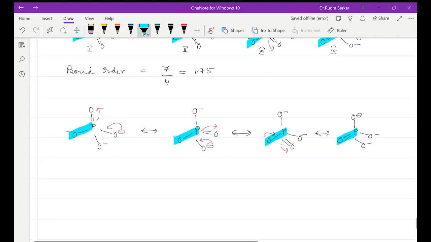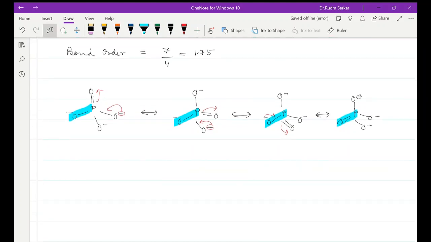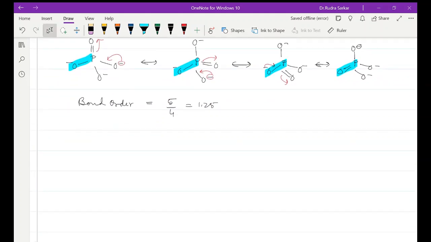So in total there are 5. So we will say bond order is going to be 5 by 4 and our answer would be 1.25.